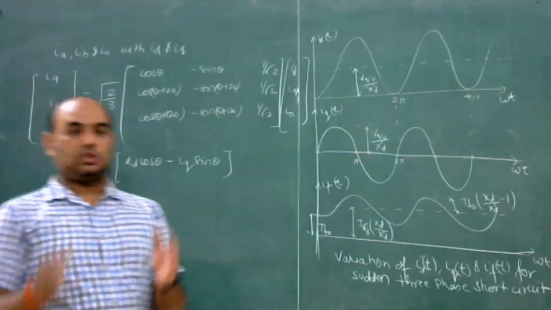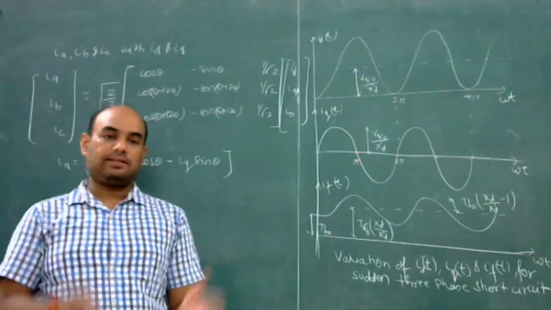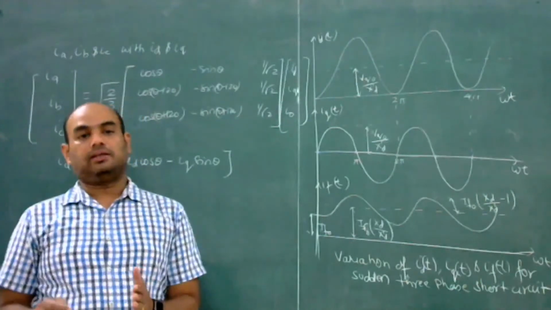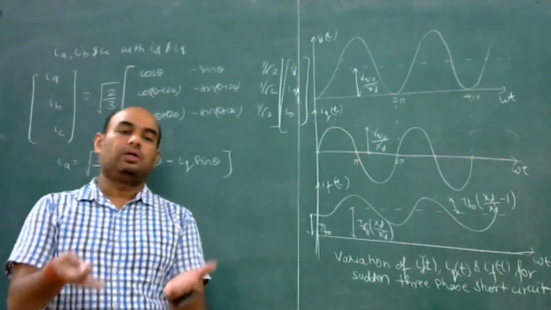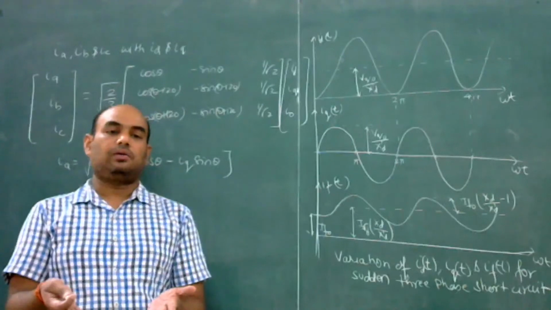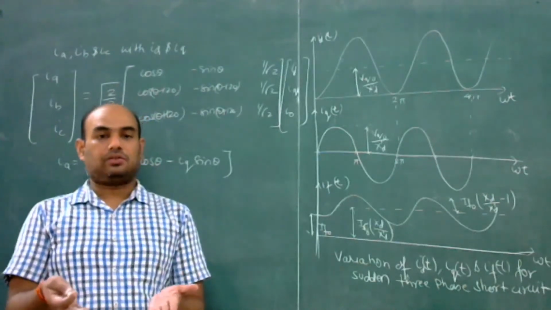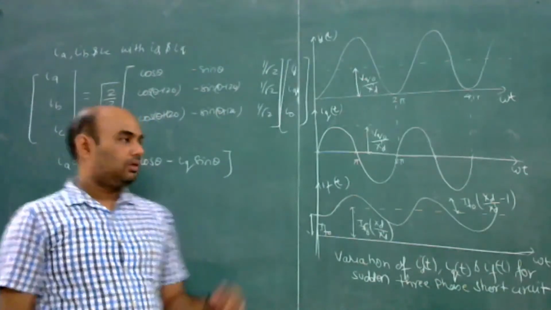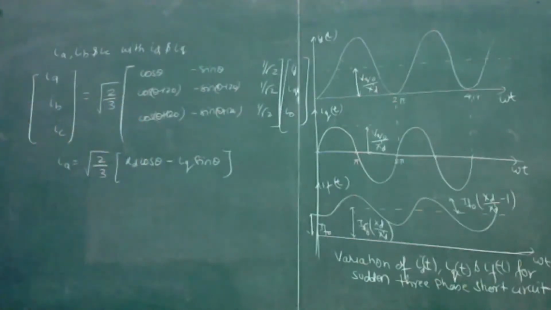Okay, so the two-phase current, D-axis current and Q-axis current, is converted back to three-phase current by using this transformation. So now we can easily find the value of IA, IB, and IC. In this equation, we will substitute the value of IQ and ID.